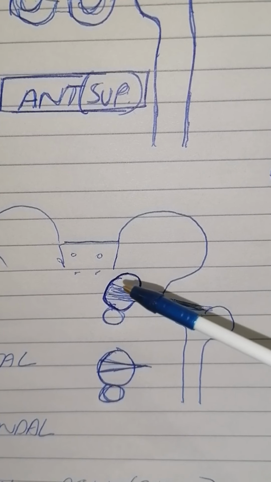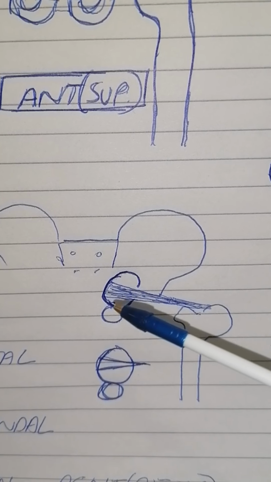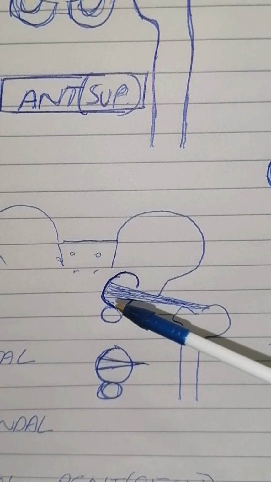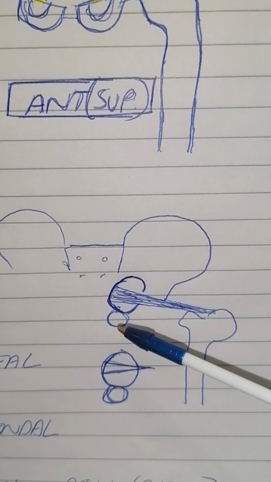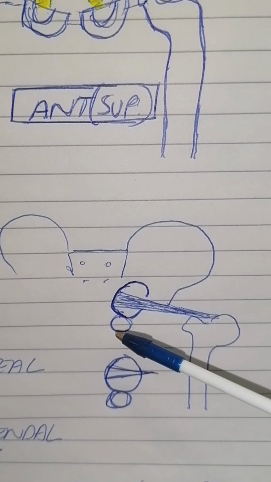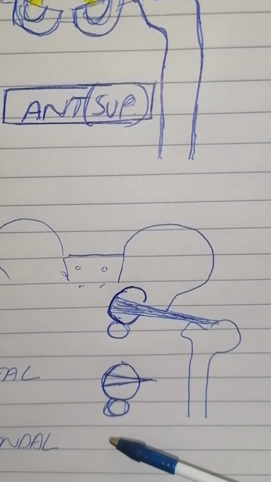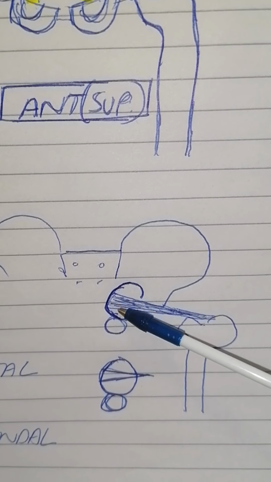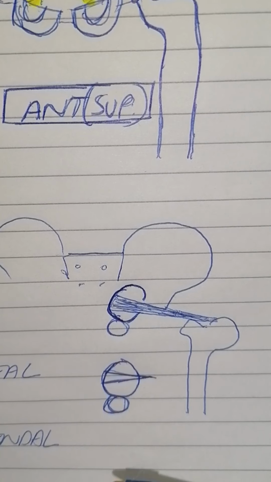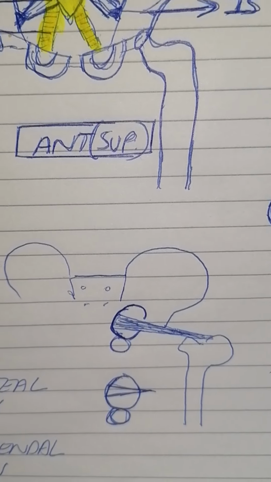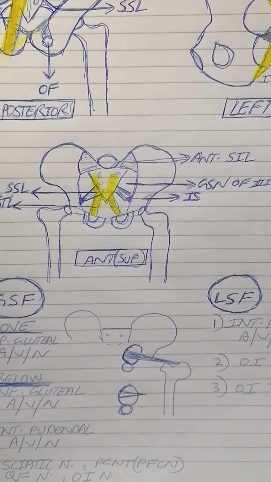The same internal pudendal, after crossing this infrapiriform area, travels back into your lesser sciatic foramina. So the internal pudendal is the one which passes through both of them. Even the nerve to obturator internus also passes through, but the internal pudendal is the most important one which passes through both of the foramina. So overall, these are the structures and anatomy of your sciatic foramina.